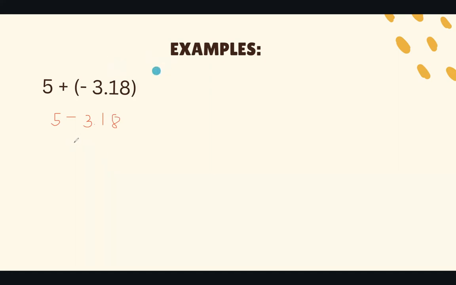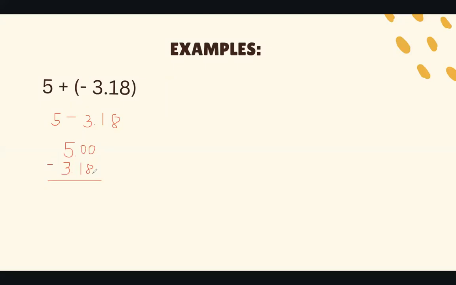So that is 5 and 3.18. If you can still remember, if we have a whole number, the decimal point is on the right side. And since we have two decimal places here, just simply add two zeros so that we can easily subtract the numbers. Then perform the operation.